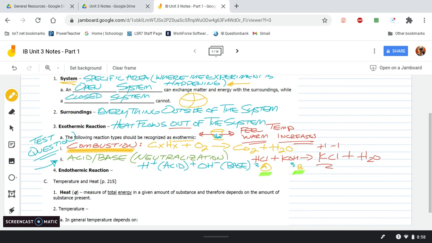Okay, so let's jump into endothermic. Endothermic means the heat is absorbed.